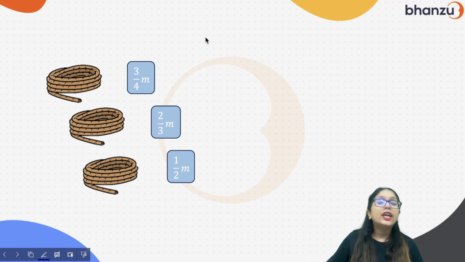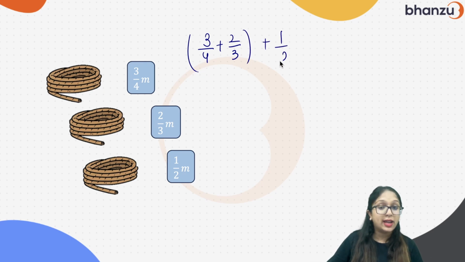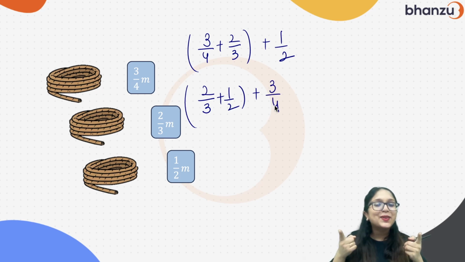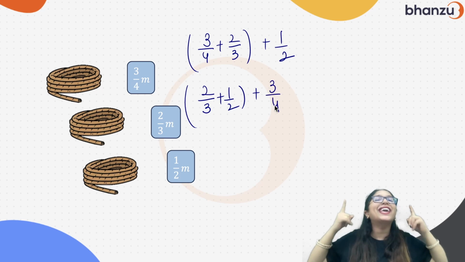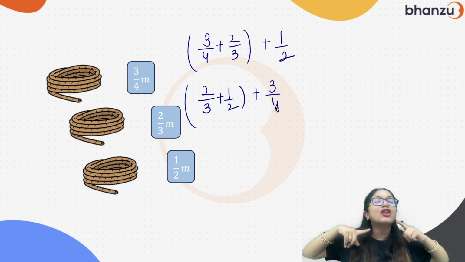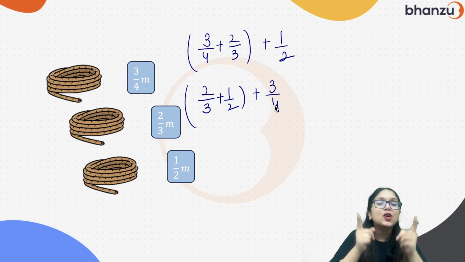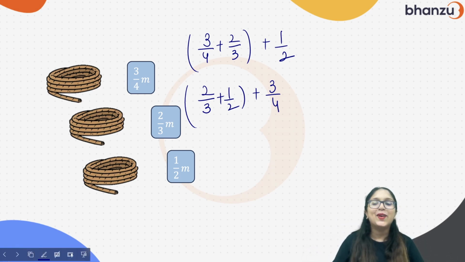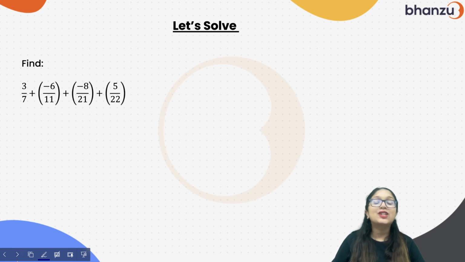Now it says that if you attach the first and second rope and then you attach the third one, is the answer going to be the same? If you do it in a different way, that is, the second and third rope first and then attaching the first one, is the answer going to be the same? Now you must be thinking, yes, this is because of which property? Associative property.